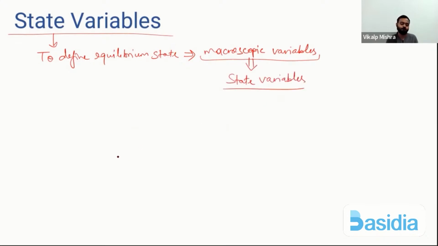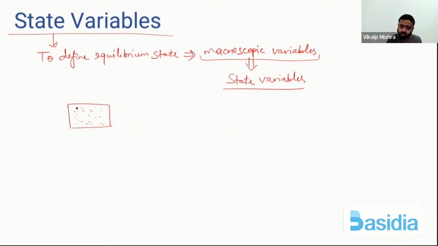Okay. अब हम लोग समझते हैं कि होता क्या है state variables. Now we'll understand. A system of gas is given, and that gas is at equilibrium. Now, how will you define that this gas is at equilibrium? If this gas is at equilibrium, it will have some fixed quantities, fixed variables.